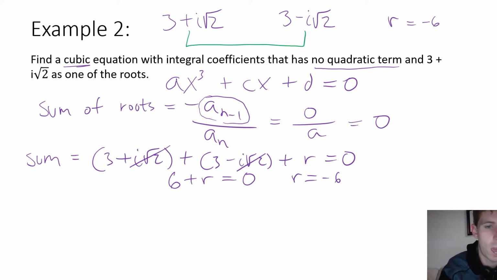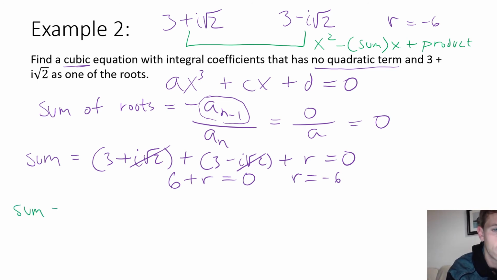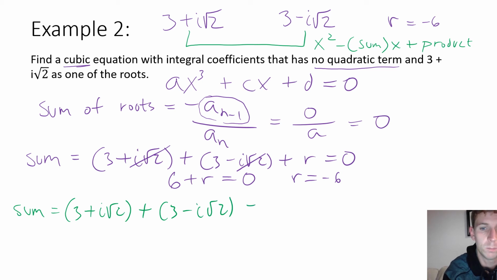So let's make a quadratic again. We know that a quadratic with those 2 roots will have the same form, x squared minus the sum plus the product. So let's get the sum and the product of that quadratic. Be careful not to just recycle the sum from that cubic, because we're trying to make this quadratic first. So this is going to be 3 plus i root 2 plus 3 minus i root 2, which will equal 6.